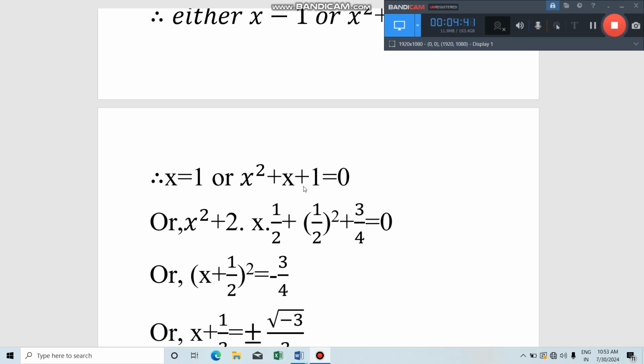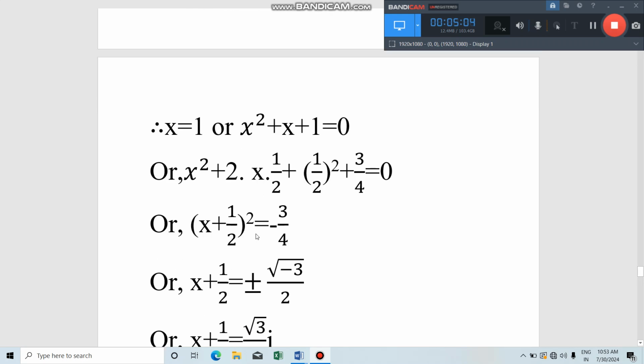We can write it in the form x plus half whole square plus 3 by 4 equals 0, or x plus half whole square equals minus 3 by 4.